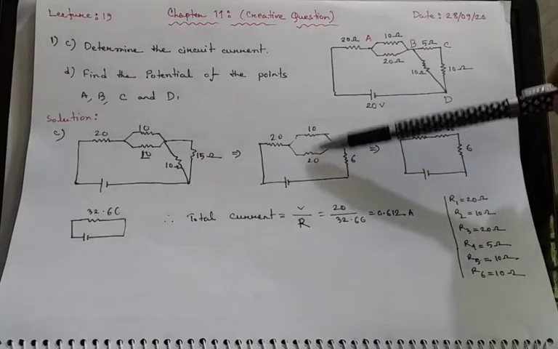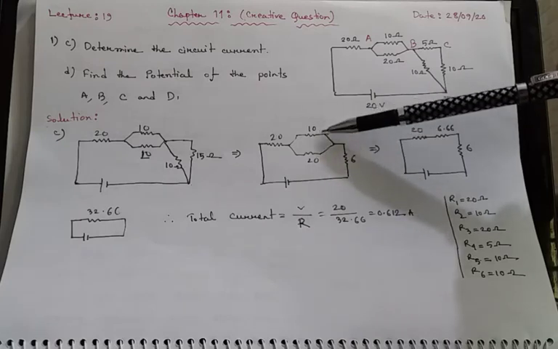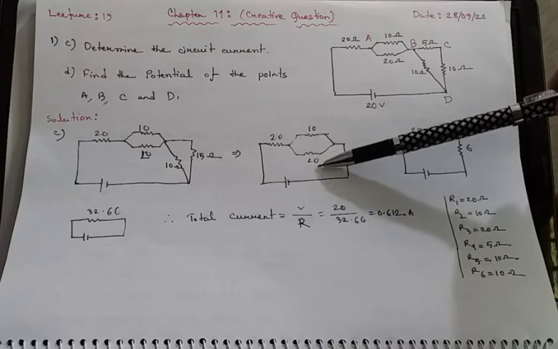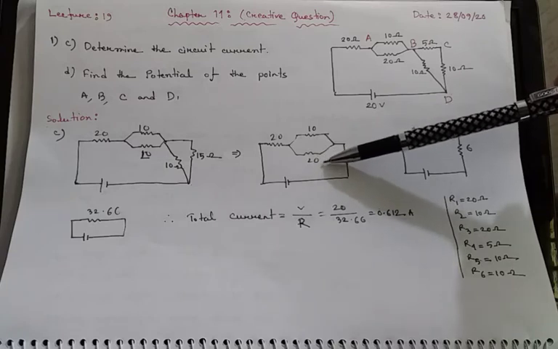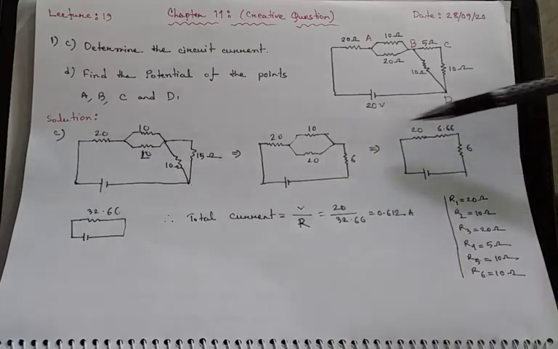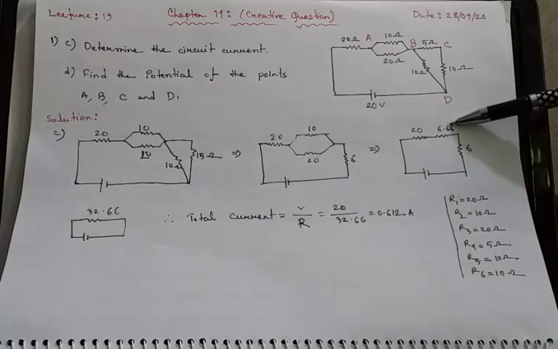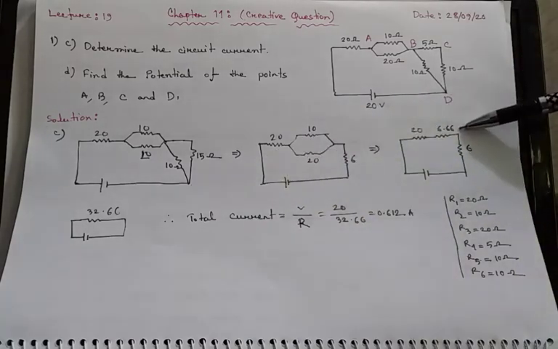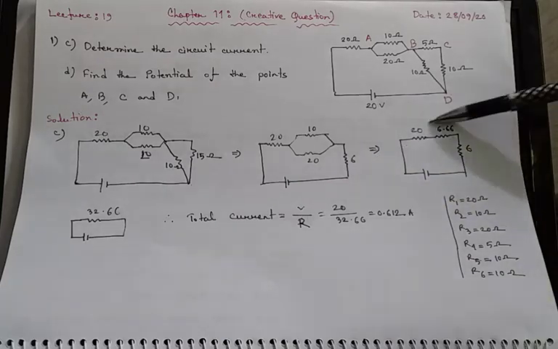Then these two resistors, 10 ohm and 20 ohm, are in parallel. If we make a parallel combination here and calculate it, the final value will be 6.6 ohm. Now 20 ohm, 6.6 ohm, and these 6 ohm, these three are in series.